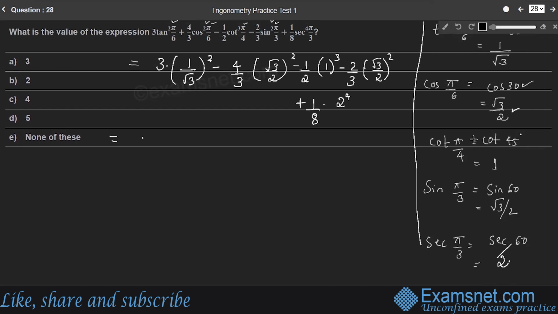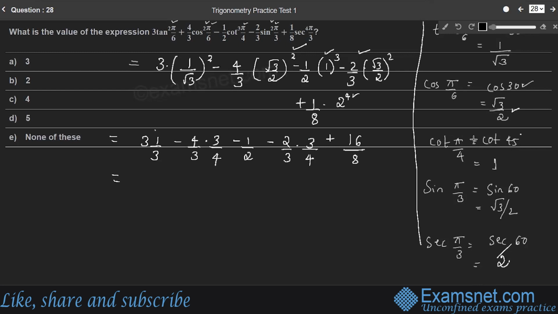So simplified, 3 into 1 by 3, plus 4 by 3 into 3 by 4 as the second term, and the third term becomes 1 by 2. Fourth term becomes minus 2 by 3 into 3 by 4, plus 2 raised to 4 is 16 by 8.